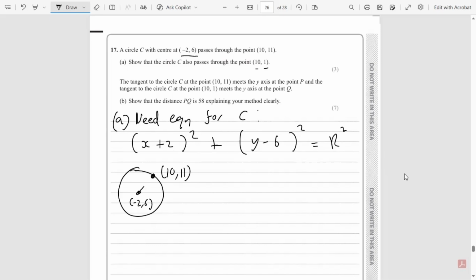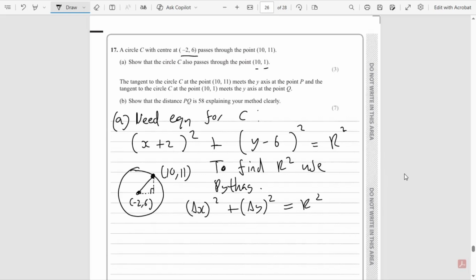To get the length of the radius, we can just do Pythagoras: the change in the x values squared plus the change in the y values squared gives us the radius squared. So to find r squared, use Pythag.